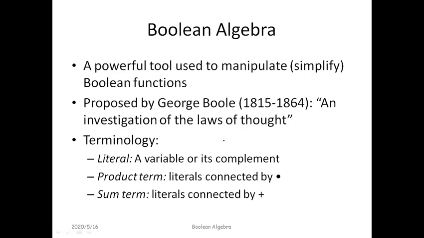This was in a publication known as An Investigation of the Laws of Thought. So the important terminologies in this discussion include literal, which means a variable or its complement. Then there's also the product term, which refers to variables that are connected by the dot. The sum term refers to variables or literals that are connected by a plus sign.